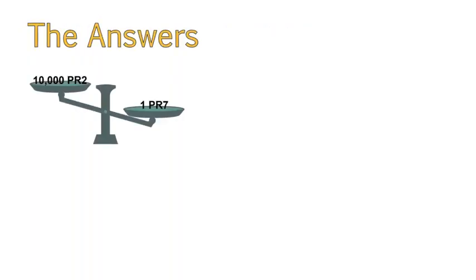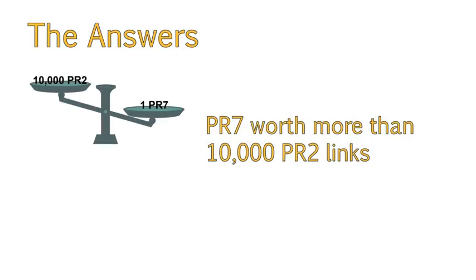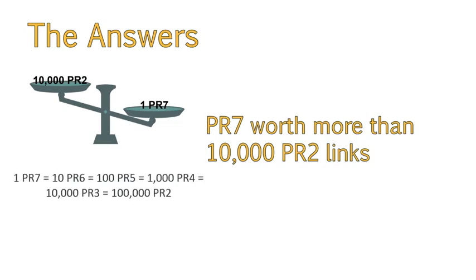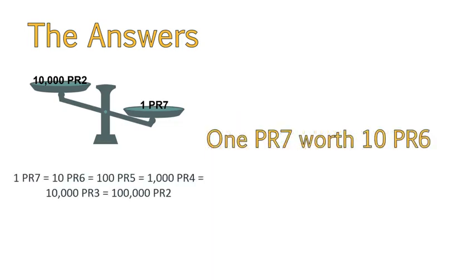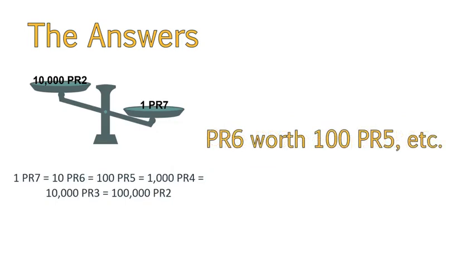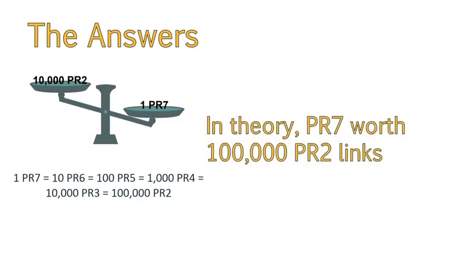Well, here's the true story. Turns out that one PageRank 7 link is actually worth quite a bit more than 10,000 PageRank 2 links. So you can see the math here. Since one PageRank 7 is worth 10 PageRank 6, and that's worth 100 PageRank 5, and so forth, one PageRank 7 link is actually, in theory, worth 100,000 PageRank 2 links.